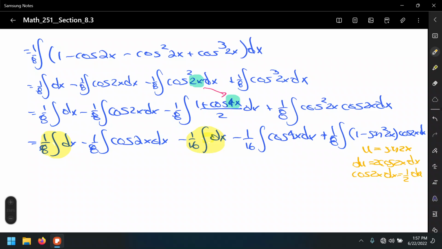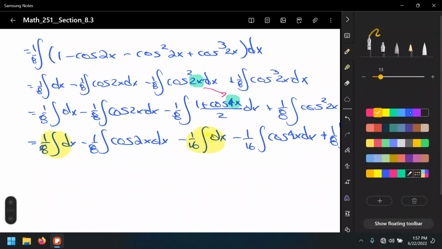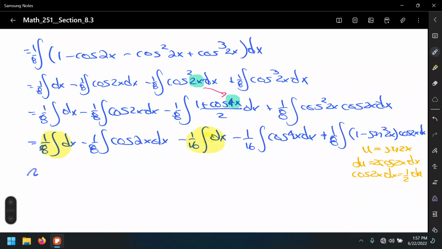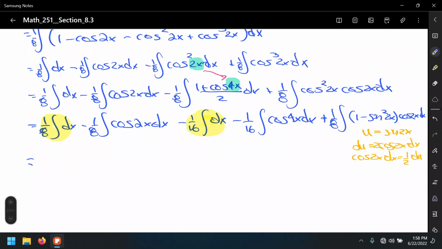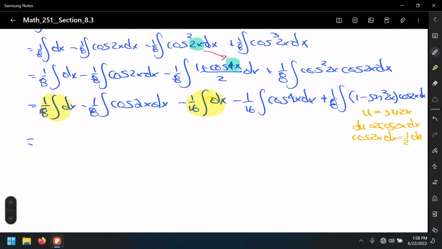So let's add these two. What's 1/8 minus 1/16? Isn't it 1/16, I think?